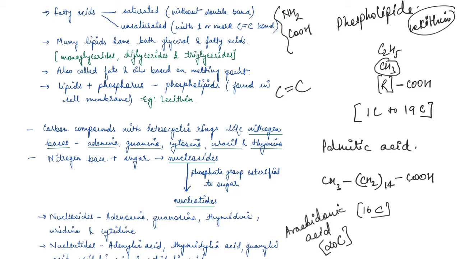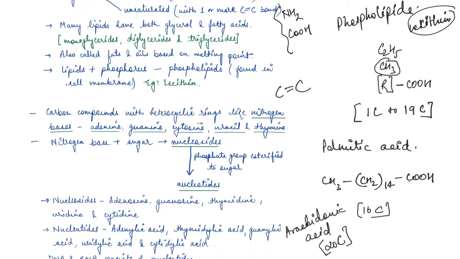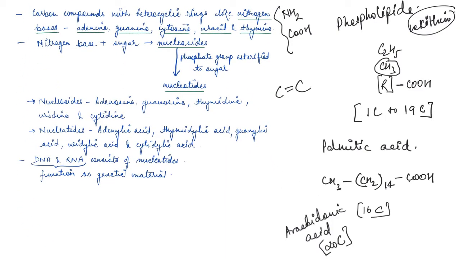In the same way, guys, we have nucleotides and nucleosides. We have carbon compounds with heterocyclic rings like nitrogenous bases. Adenine, guanine, cytosine, uracil, and thymine are all nitrogenous bases.